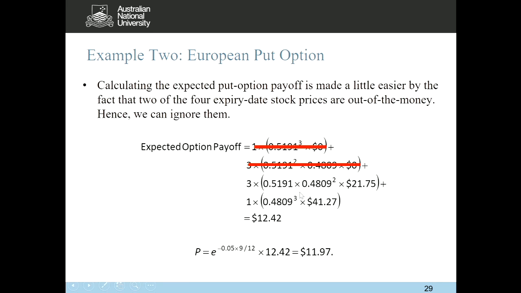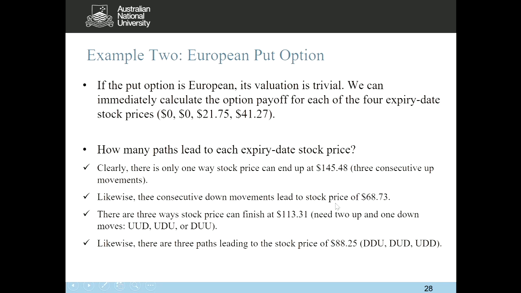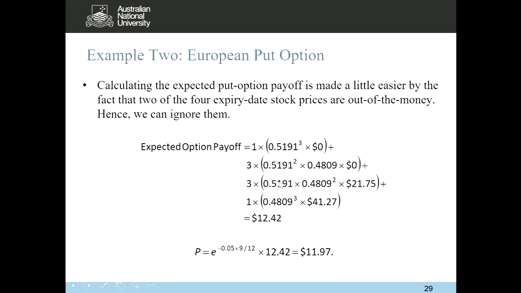Now, as I mentioned before, there are 3 ways we can get to the 88.25 share price, right? So that's 3 multiplied by that path probability. Okay? And if we get to that point, we're going to get a payoff of 21.75.